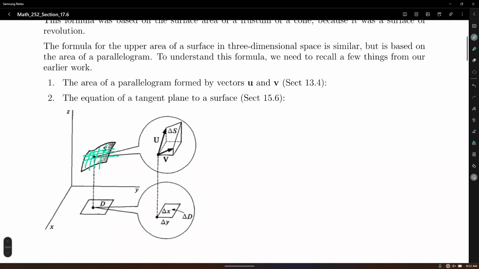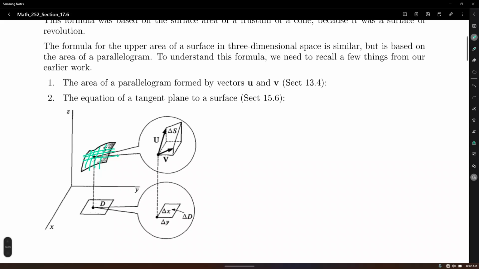Those are planes. The more you zoom in to this picture, the flatter it will look. What is that flat surface? Isn't that more like a plane? So we're going to find the area of a plane and add infinitely many of those areas of the plane. That's how we're going to get this.